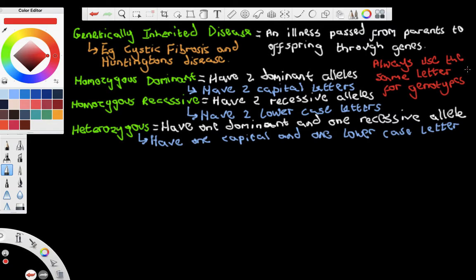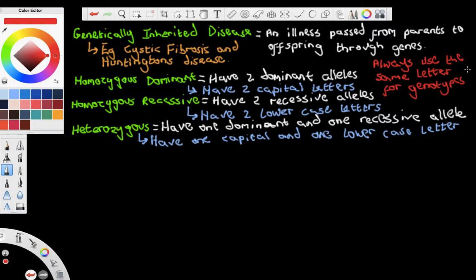So we're going to think about cystic fibrosis at the moment, okay? Cystic fibrosis is a pretty horrible disease for the sufferer. Essentially what happens is thick mucus develops inside the tubes of their body. So if you think back to when you had your worst cold, and you couldn't breathe and you had that phlegm stuck on your chest and you just can't cough it up.